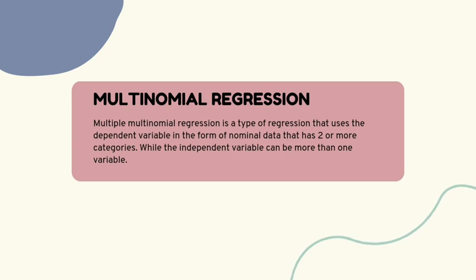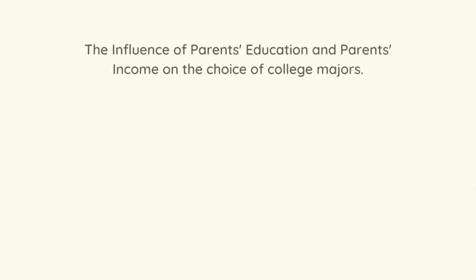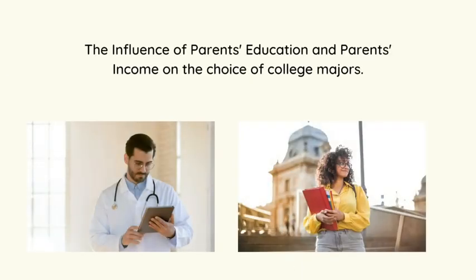This regression actually also has similarities with ordinal regression. The difference is that the scale of the data in this regression is not graded or not ordinal. There is no better or worse statement. An example case for this regression is the influence of parental education and parental income on the choice of college major.